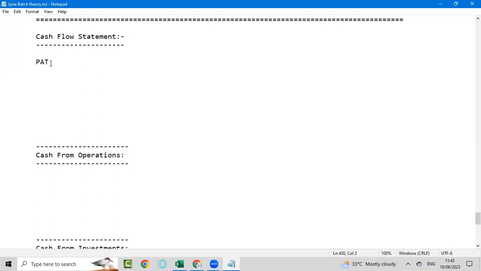So we will add non-cash charges. What are non-cash charges? Depreciation, amortization, stock-based compensation, depletion, impairments, some kind of non-cash provisions. They will be added.